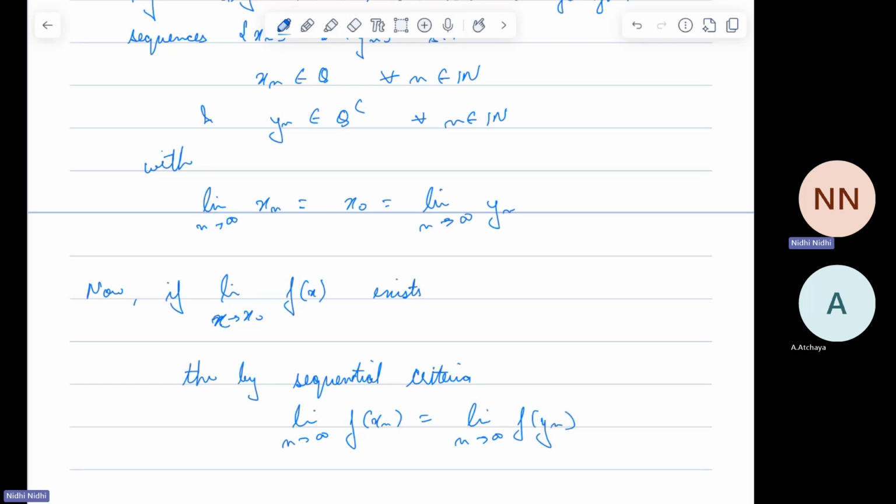Now let's see how the sequences f(xn) and f(yn) are.